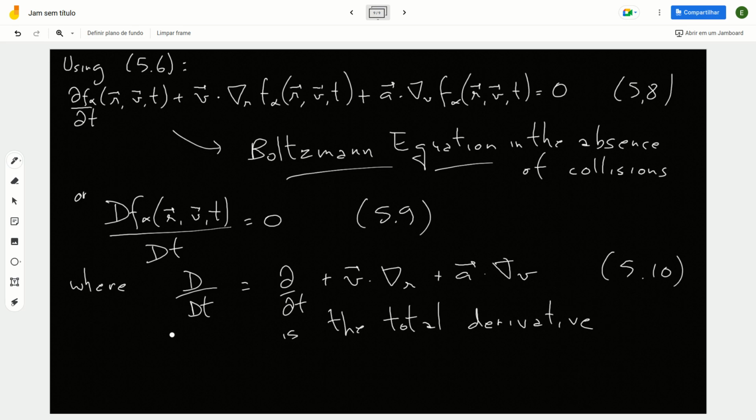From this form of the Boltzmann equation, you can see that the distribution doesn't change with time if you don't have collisions, of course, if you're in the frame moving with the element of fluid in phase space, which is what this notation represents.